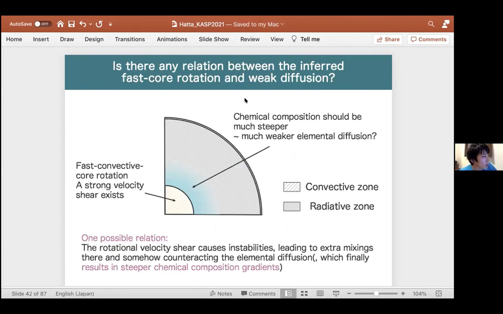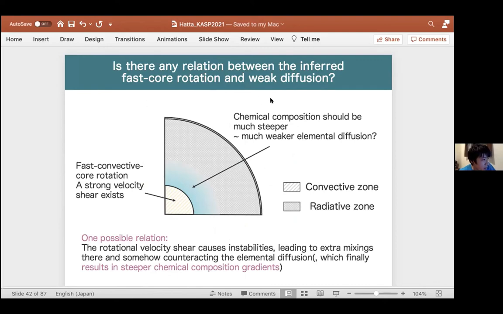Here I'm going to discuss a possible relation between the fast core rotation and weak diffusion. Based on the rotation inversion, we have a hint of fast convective core rotation. Because the radiative region is rotating much slower than the convective core, there should be a strong velocity shear.